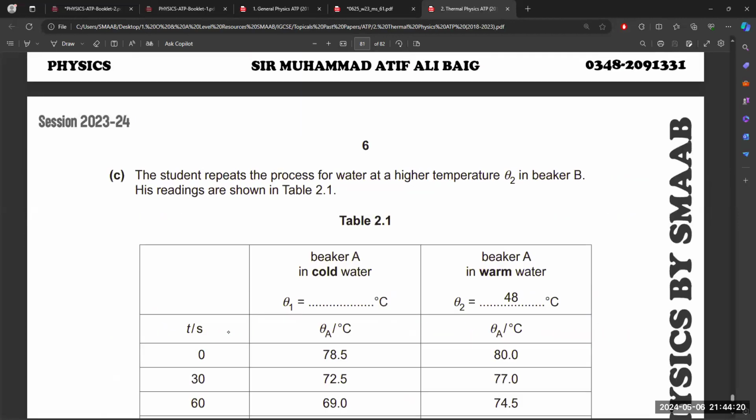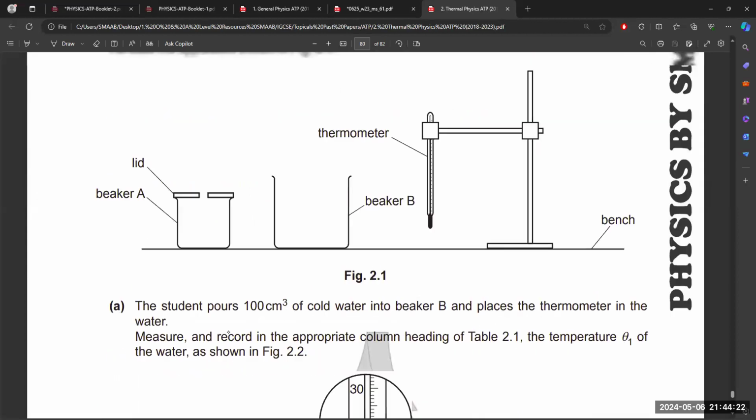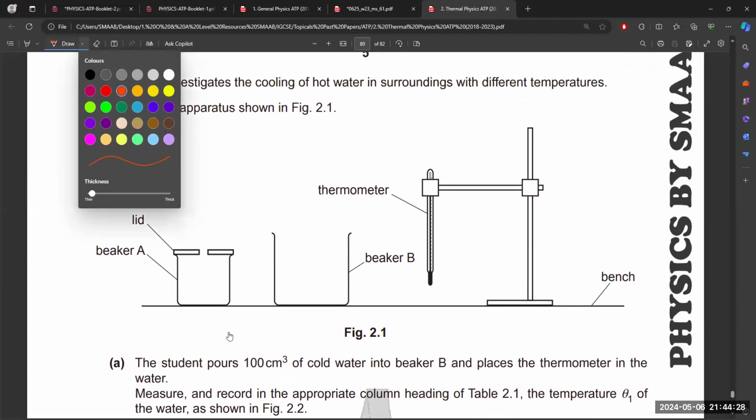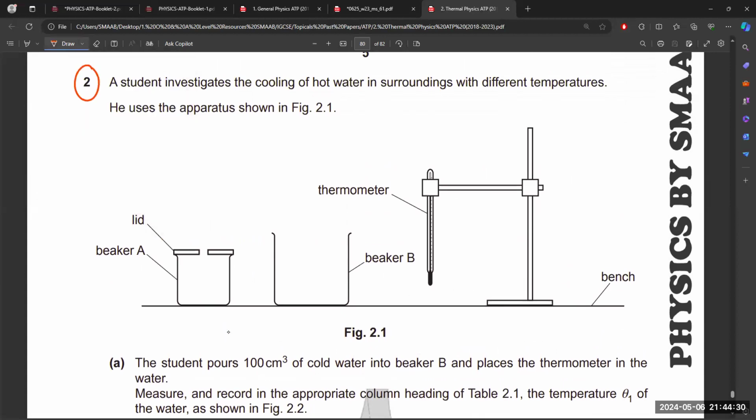Okay, basically in this question, let's continue with one more question. Electricity, thermal, and physical quantities, these three topics have similar types of questions.